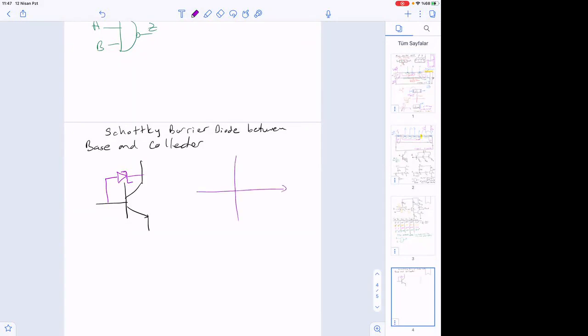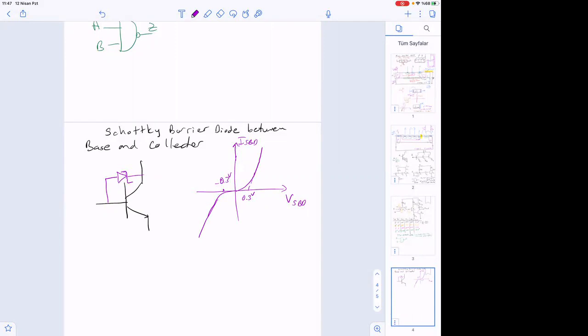So V Schottky barrier diode, I Schottky barrier diode. That diode has a response curve like this. And this point is 0.3 volts. This one is minus 0.3 volts.